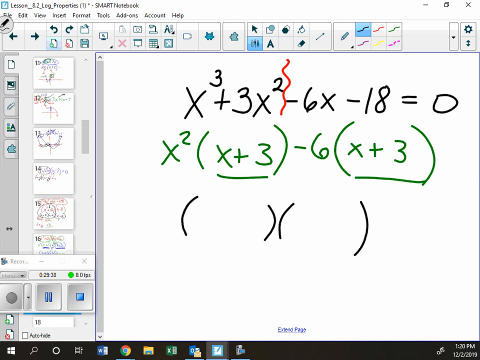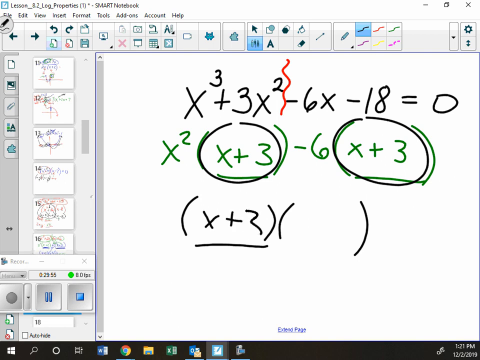Just the factoring first. Factor out this part. Maybe you don't know what to do. Do they both have an x plus 3 in them? So let's factor that out to the front and put it here. Okay, but I'm not going to put them both side by side. They go together in the front.